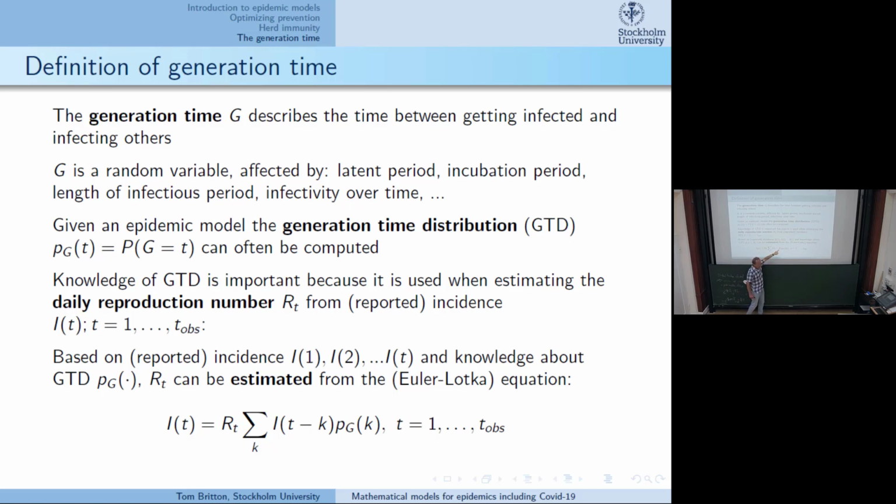But how long back in time should we look? Well, that depends on the generation time distribution. So if the generation time distribution is approximately 1 week, let's say 6, 7, and 8 days, then how many get infected today only depends on how many were infected 6 days ago, 7 days ago, or 8 days ago. But you scale up according to this generation time distribution.